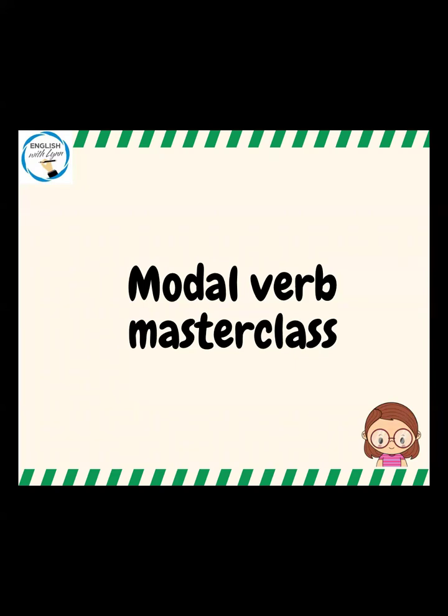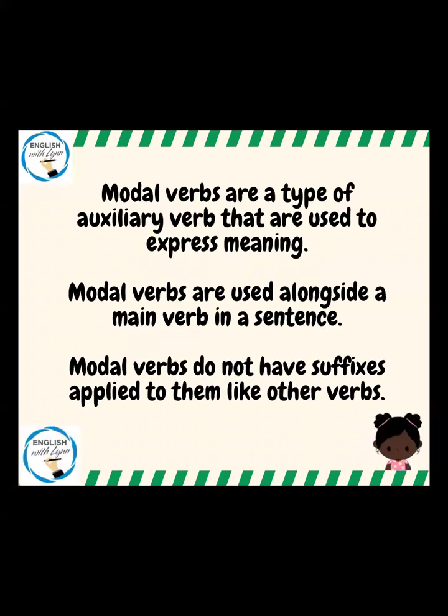Okay, so when we are speaking about modal verbs, they are a form of auxiliary verb, and what that means is that they are a helper verb. Just like you have auxiliary verbs that help to tell the tense in sentences, so is, am, was, were, they are auxiliary verbs that help to tell the tense.